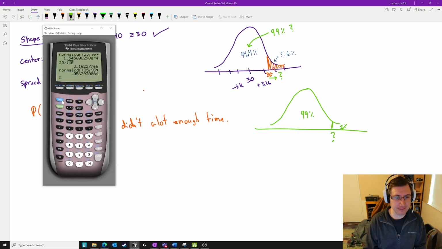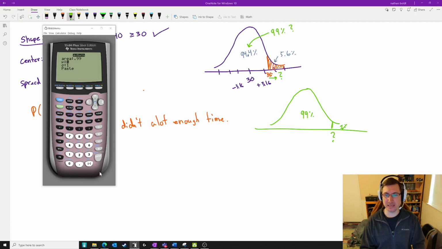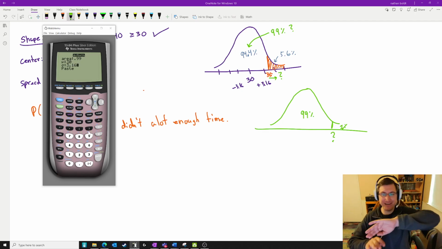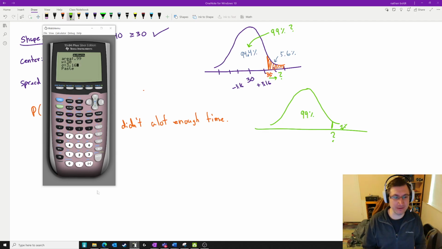That is an inverse norm. It inverses the operation. It goes backwards. What's my area? I want 0.99. What's the average? 30. What's the standard deviation? 3.16. And it will tell me where the boundary is for 99% to the left.